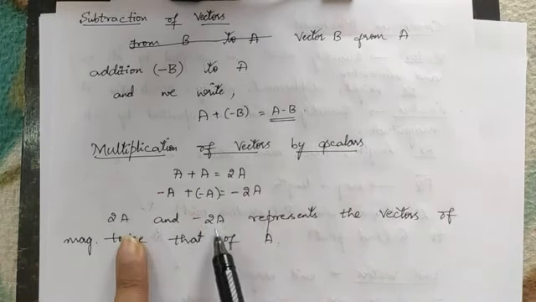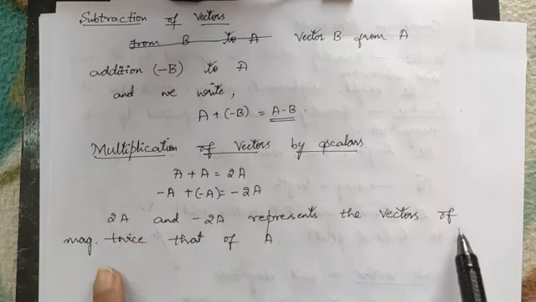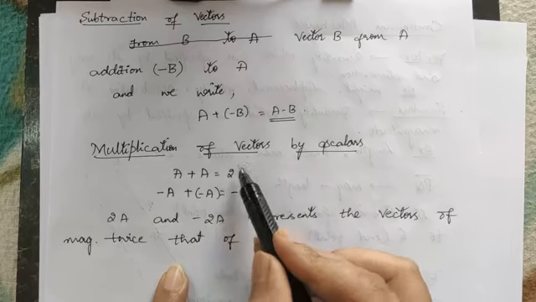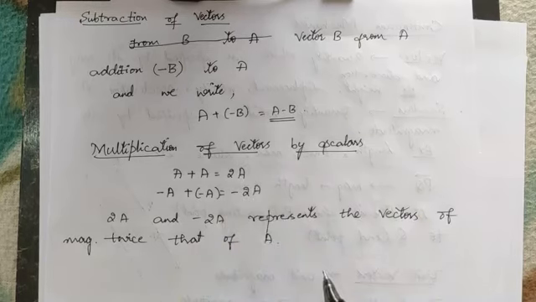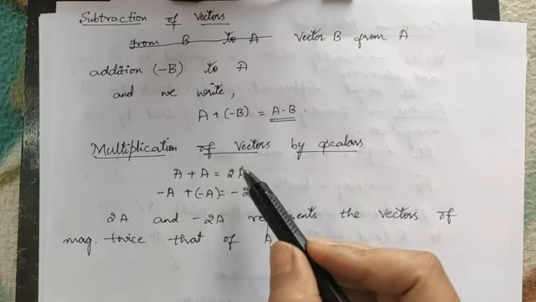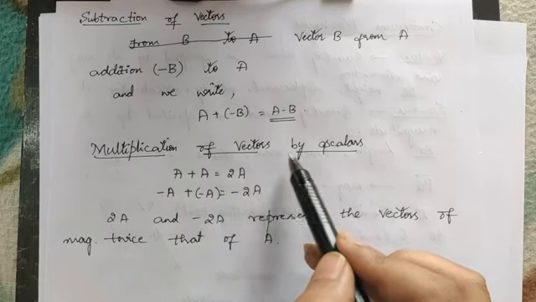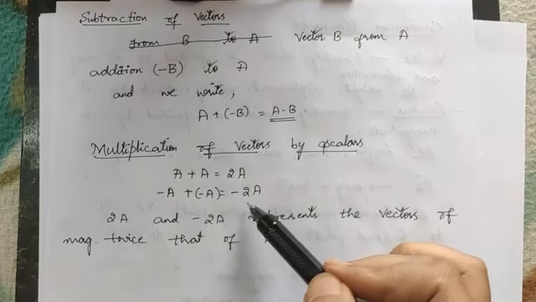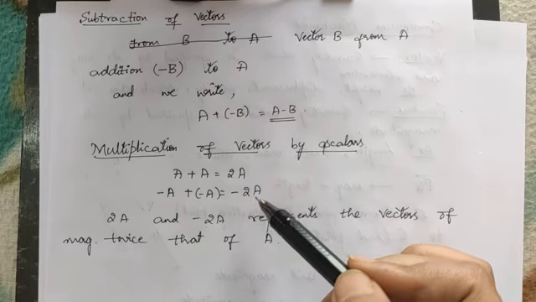Here 2A and minus 2A represent vectors of magnitude twice that of A. So you can express multiplication of vectors by scalars in both positive as well as negative directions.